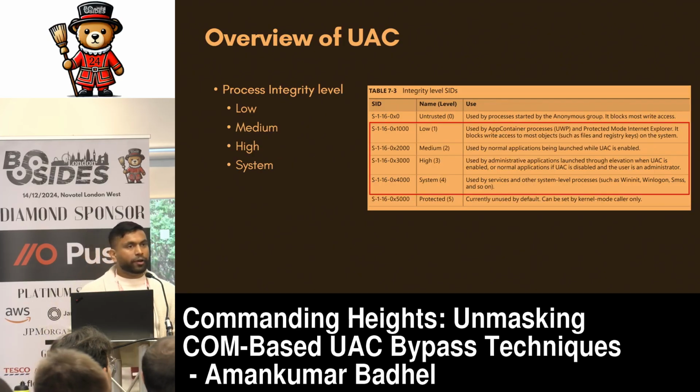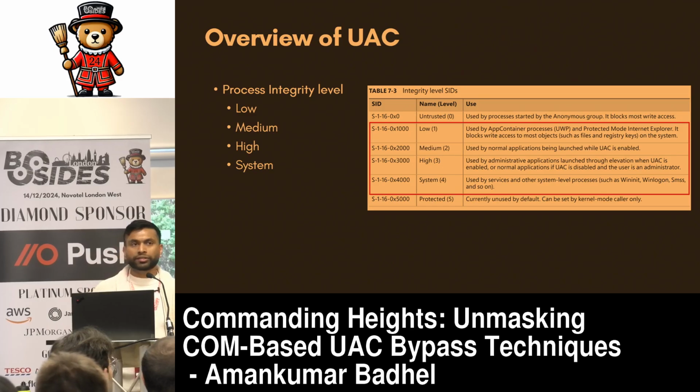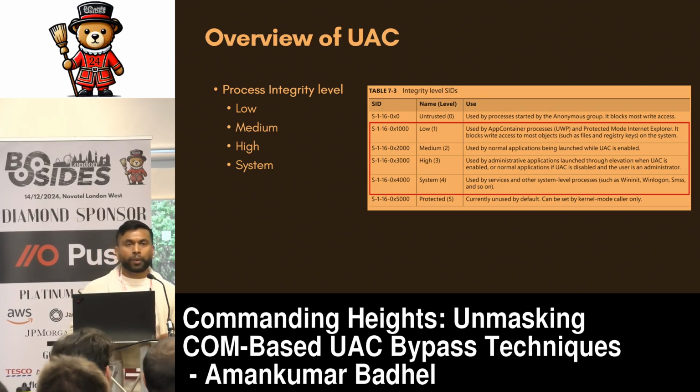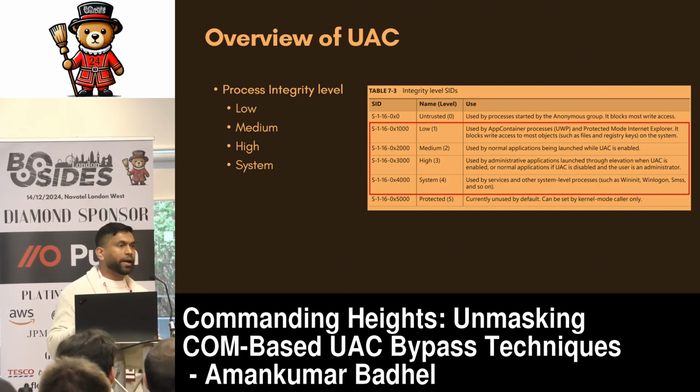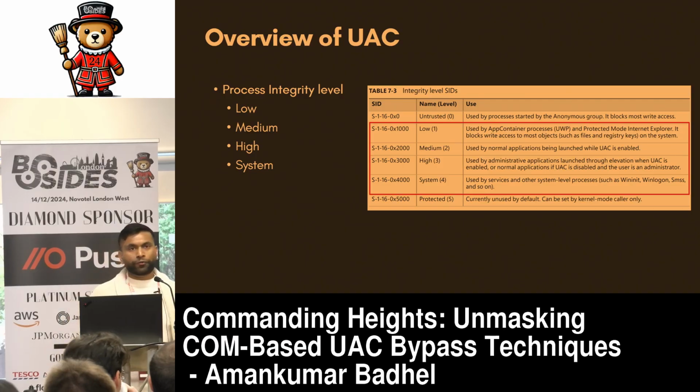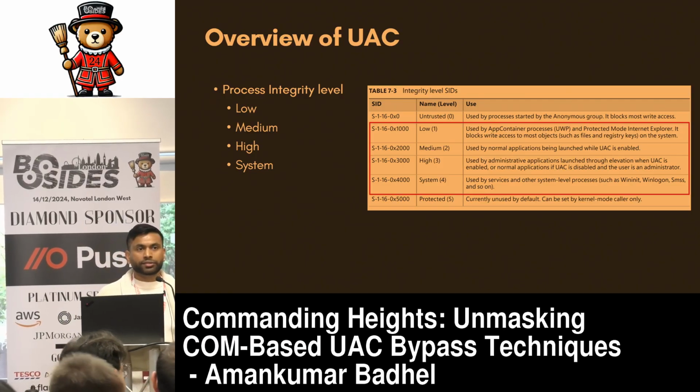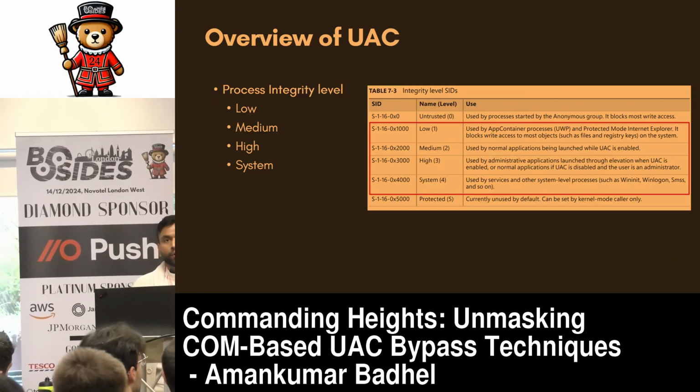Before I dive into the actual working of UAC, I want to touch base on process integrity levels, tokens, and filter tokens. In Windows, there are 4 major process integrity levels: low, medium, high, and system. Low refers to minimal interactions, mostly used in Internet Explorer.